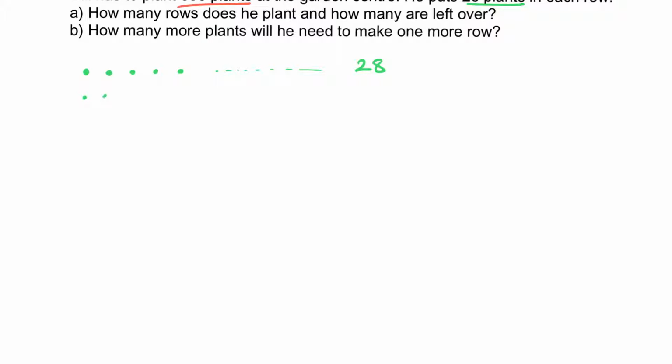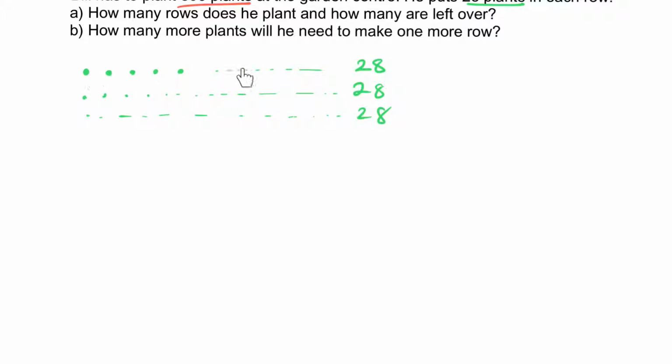And then he'll have another row consisting of 28 plants, and another row of 28 plants. And the question is, how many rows does he plant and how many plants are left over?